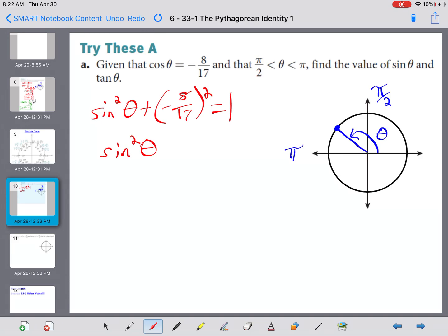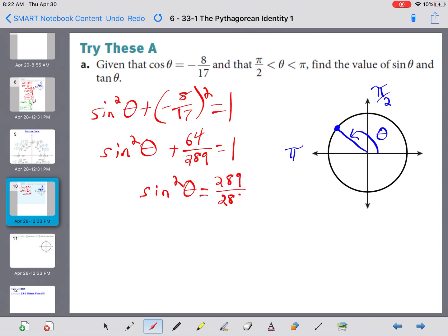So sine squared of theta plus 64 over 17 squared. I should know, but I'm going to pop it in my calculator here because I don't want to make any mistakes. I think it's 289. 289 equals 1. So now I'm going to subtract that over.